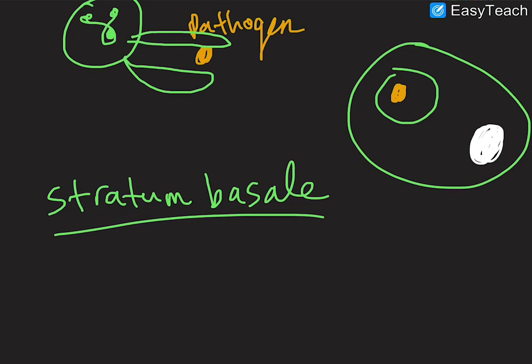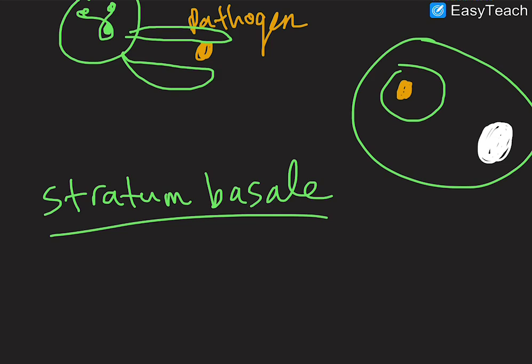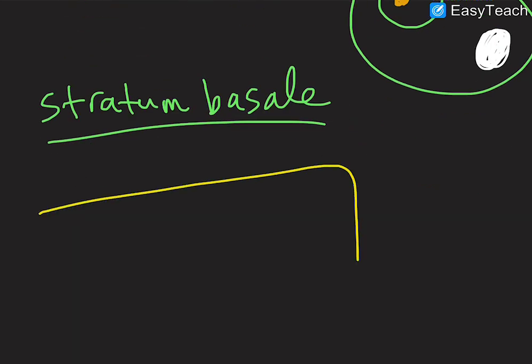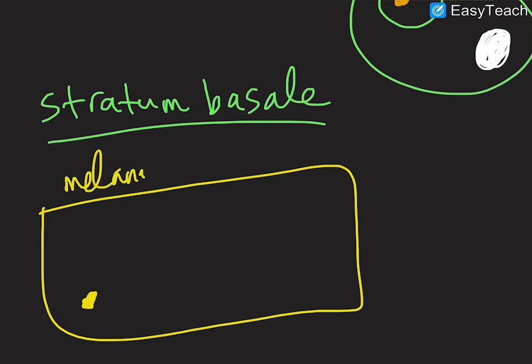If we were to draw the melanocytes, let's draw it in this color. Let's say this is your melanocyte, and of course we know melanocytes make melanin.